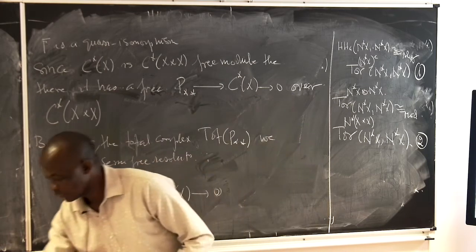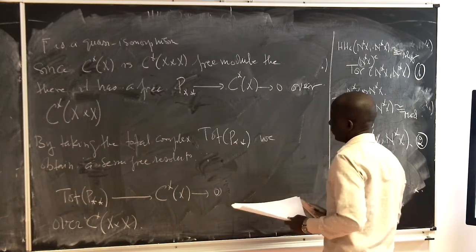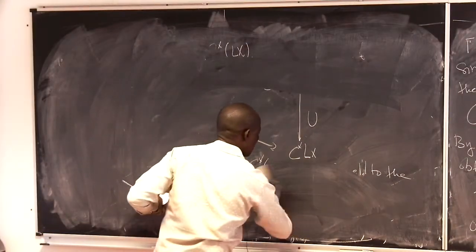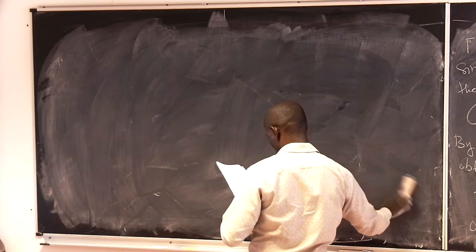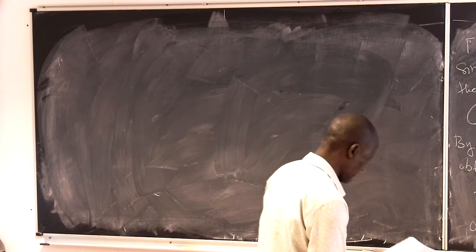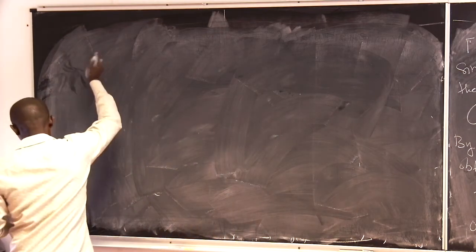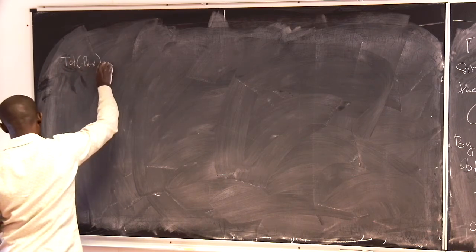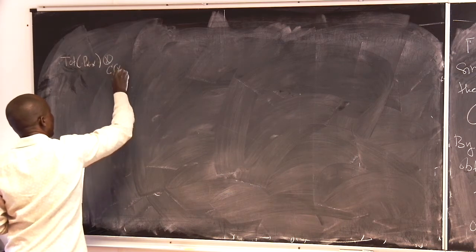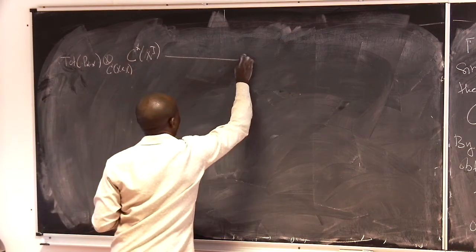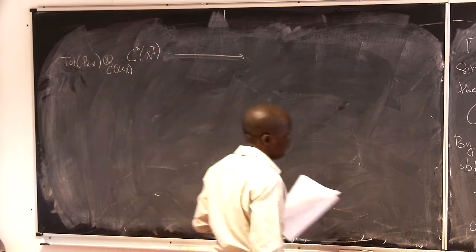We can move to the quotient. Let us denote this map by the quasi-isomorphism.